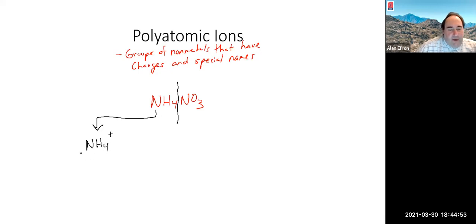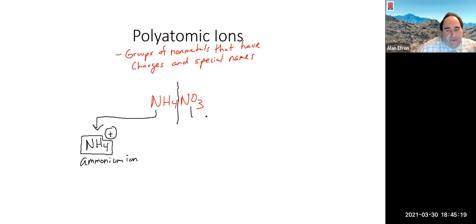What does that mean? Well, that one nitrogen and those 4 hydrogens are all bonded together. They're all sharing electrons because they're all nonmetals, and they move around as one whole unit. That entire unit has a +1 charge, and it has a special name, which is known as the ammonium ion.